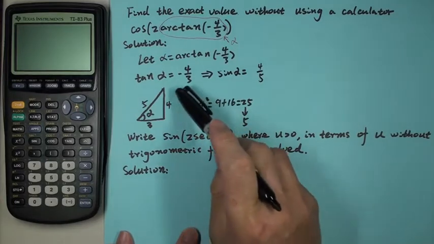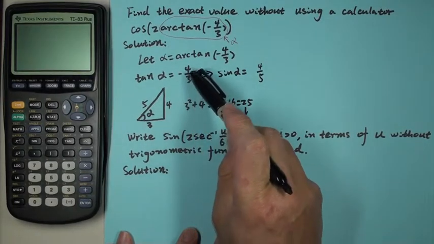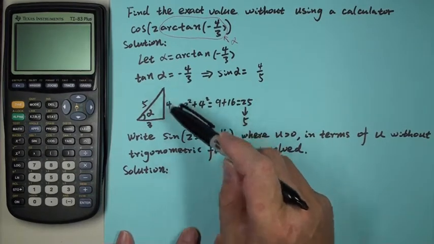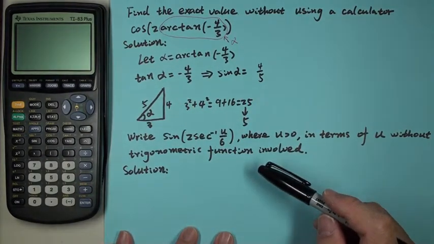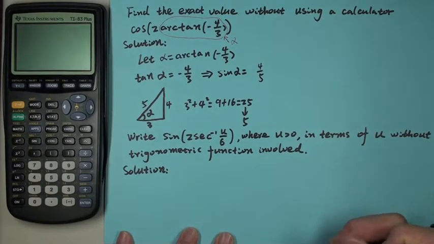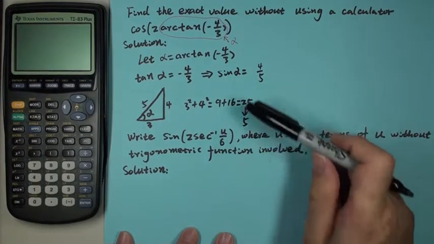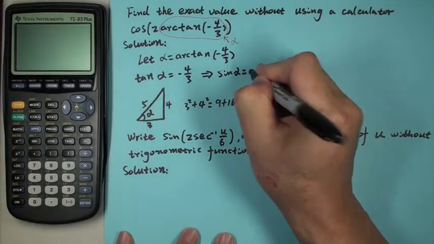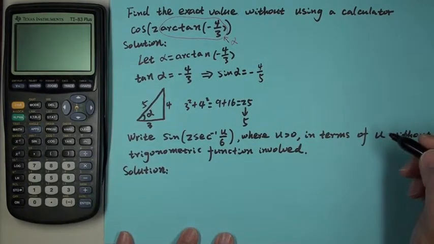Well, tan alpha is negative 4/3, so alpha is actually a negative angle in quadrant 4. Here sine alpha in quadrant 4 is also negative. That's one thing.